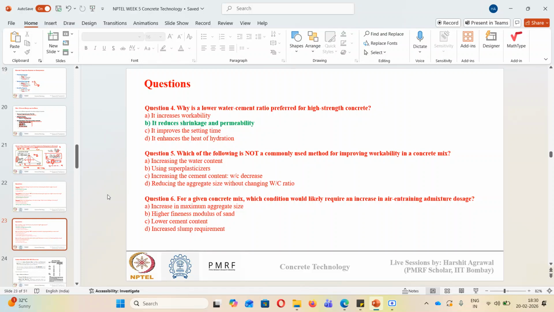Question number 5: which of the following is not a commonly used method for improving workability in a concrete mix design? So, which method we don't use to improve workability?